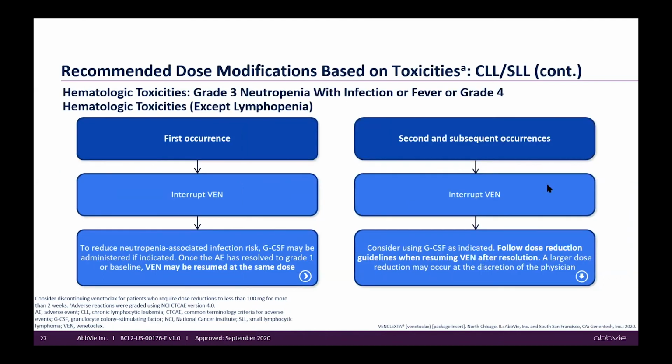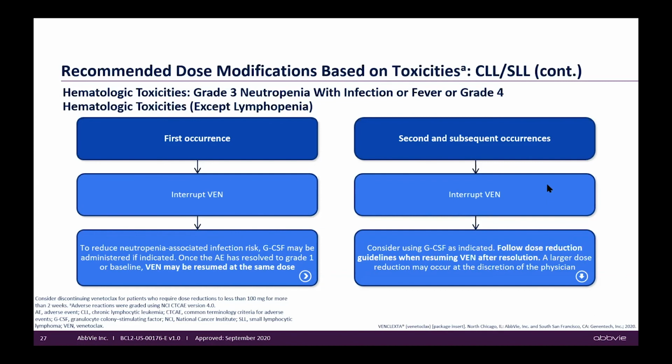In relation to hematologic toxicities, grade 3 neutropenia with or without infection, or grade 4 neutropenia, which is definitely more common. For a first occurrence, we would just want to hold venetoclax if it's related, and administer any required supportive care. Commonly in the clinic, we will use either short-acting or long-acting growth factor support as appropriate, depending on the degree and duration of neutropenia, as well as whether patients have an infection present.